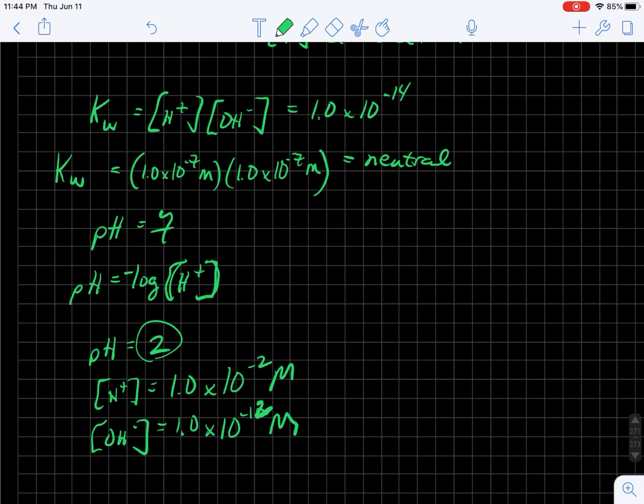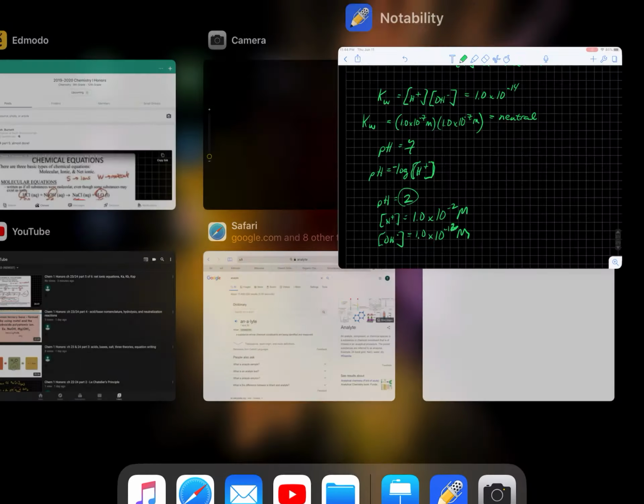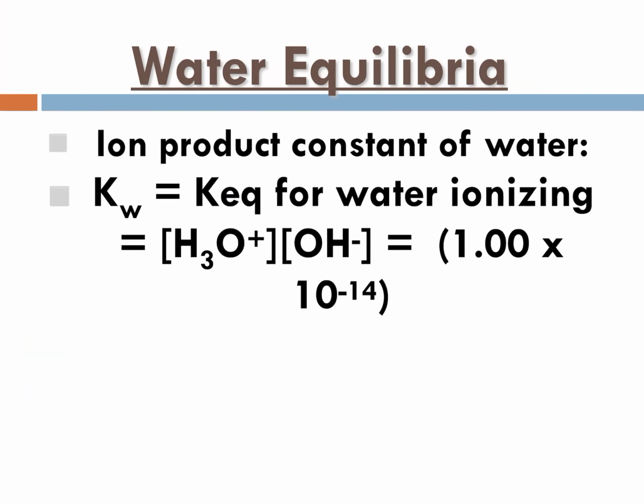So notice something here, that this number 14, the pH scale in middle school, they told you pH scale was from 1 to 14. That's where that number is coming from. It's coming from the Kw value. So again, if the pH is 2, then the OH minus concentration would have to be very, very small. They don't have to be equal to each other.